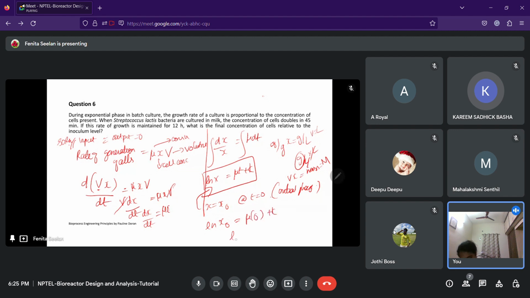We will be getting ln of X naught equal to k, and let us keep this as equation 2.